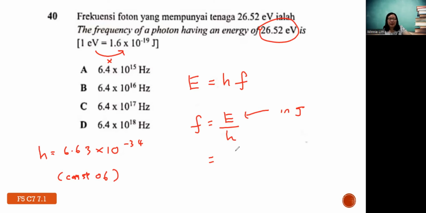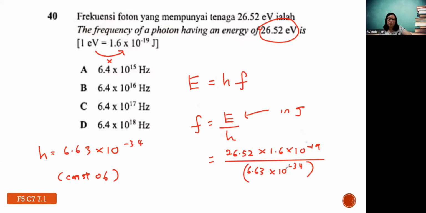So now I can substitute already lah. 26.52 times 1.6 times 10 to the power negative 19, then the whole thing divided by the Planck constant value, which is 6.63 times 10 to the power negative 34. Make sure you put brackets, or else your final answer may be wrong. So after you press the calculator, you're supposed to get A as your answer. Yeah. And the unit for frequency is hertz.